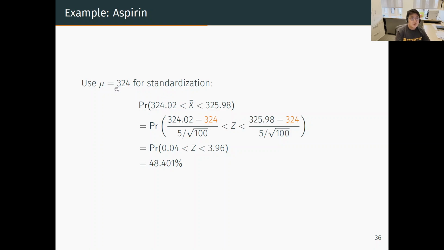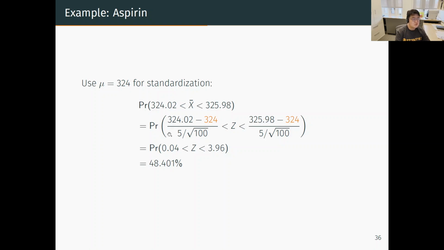So you are going to standardize, but you are going to use 324 for the mean, the actual true mean, for standardization, right? And the denominator, the standard error, is the standard deviation divided by the square root of the sample size. There is no difference here.